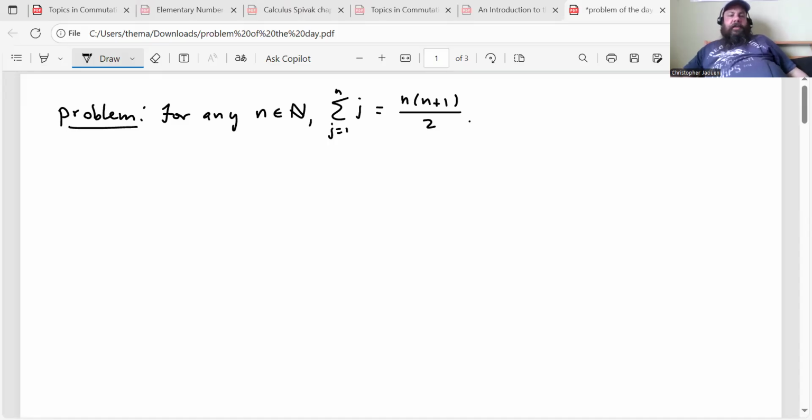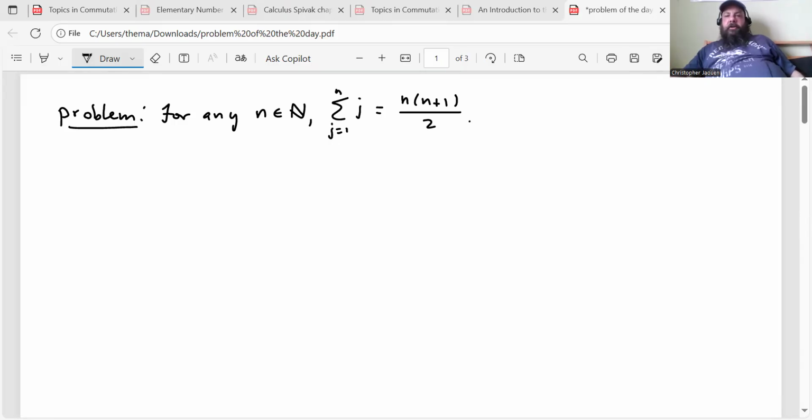So what this theorem says is that for any natural number n, the sum of the first n natural numbers is given by this formula, n times n plus 1 over 2. There is a famous story about this formula involving Carl Friedrich Gauss, who was one of the greatest mathematicians who ever lived.